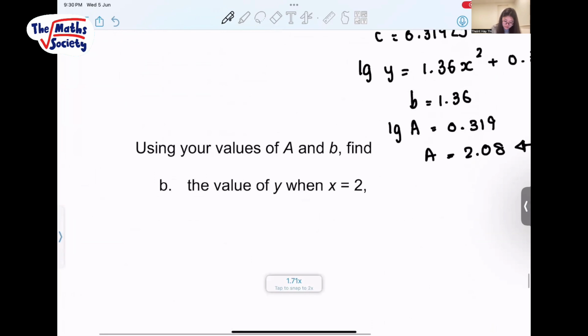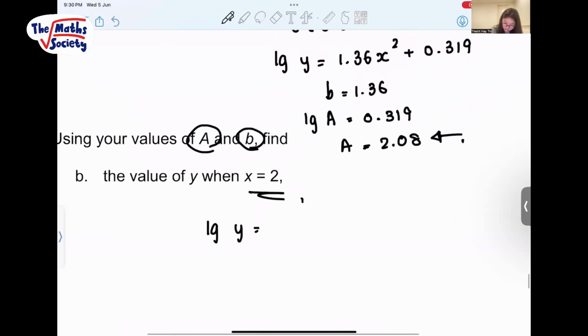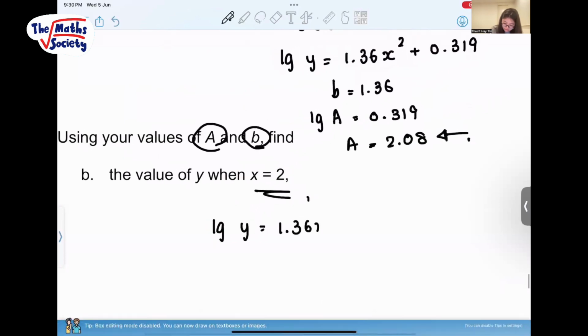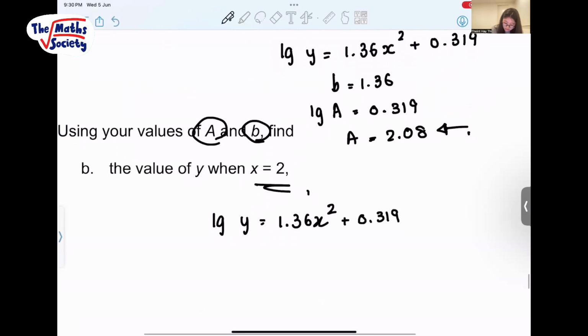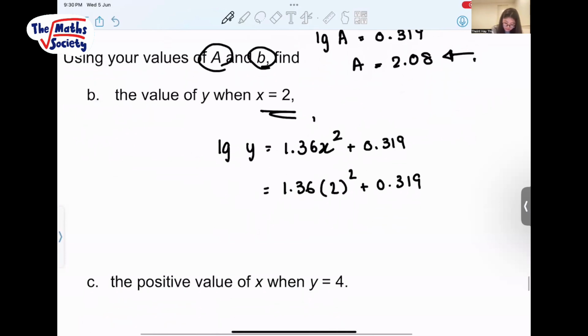And then b says that using the values of a and b, find the value of y when x is equal to 2. So let's write the equation down first, which is lg y equals 1.36 x squared plus 0.319. So it's going to be equal to 1.36 times 2 squared, which is 4, plus 0.319.